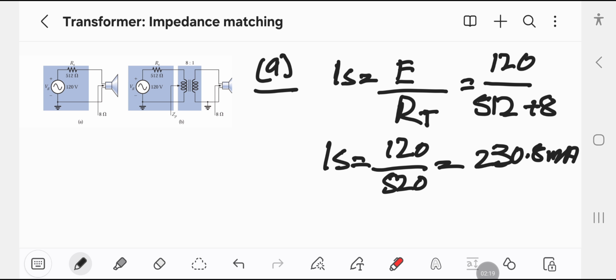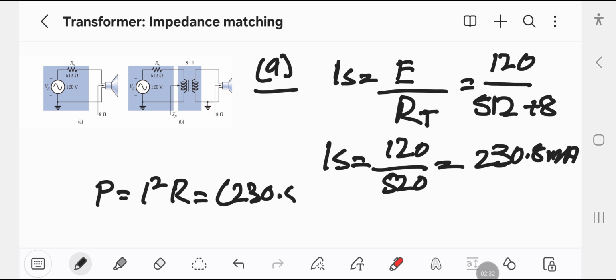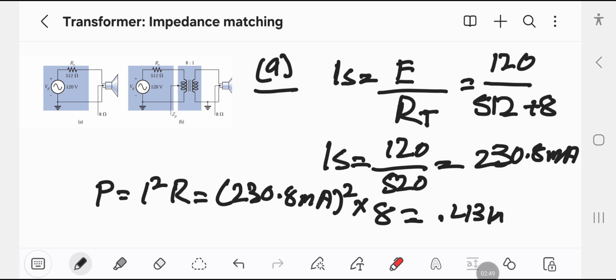This is the source current, and the power delivered to the load is equal to 30.8 milliampere squared times the load resistance, which is almost equal to 0.43 watt.